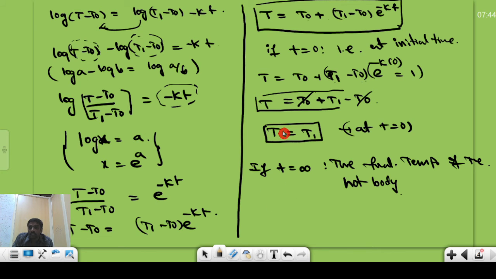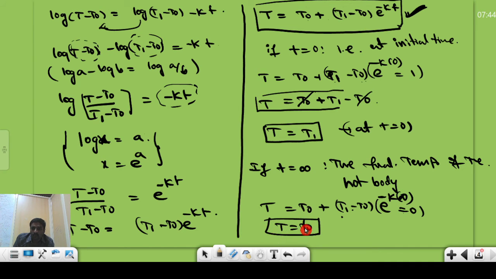So I am going to substitute into the above equation: T is equal to t naught plus (t1 minus t naught) into e power minus k into infinity. E power negative infinity is going to be 0. This 0 multiplied by the value is equal to 0, so T is equal to t naught.